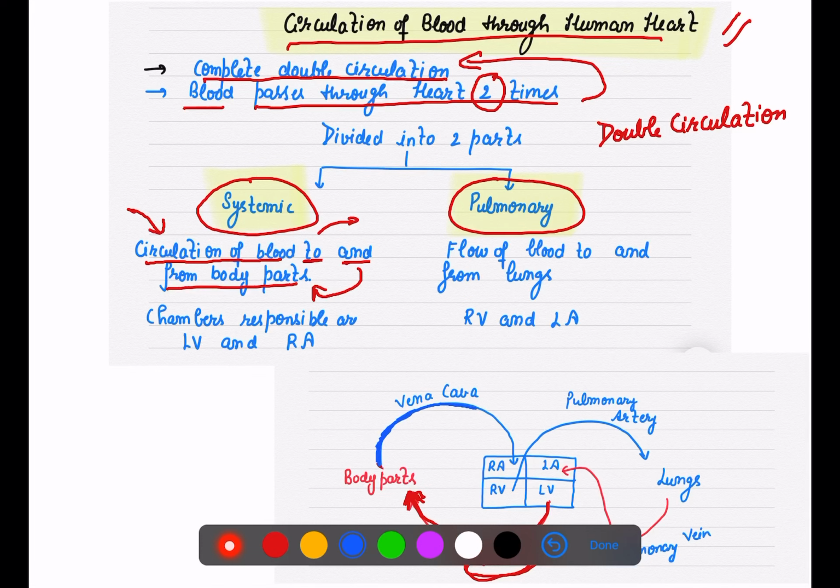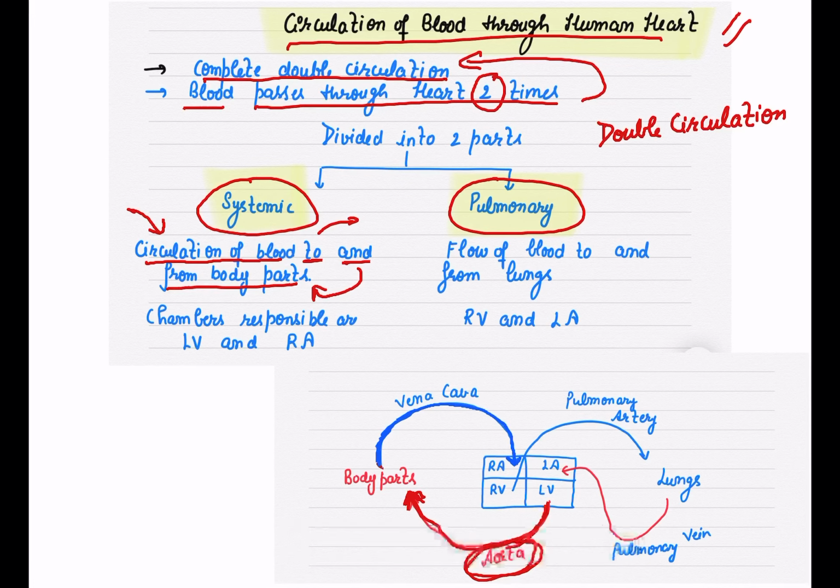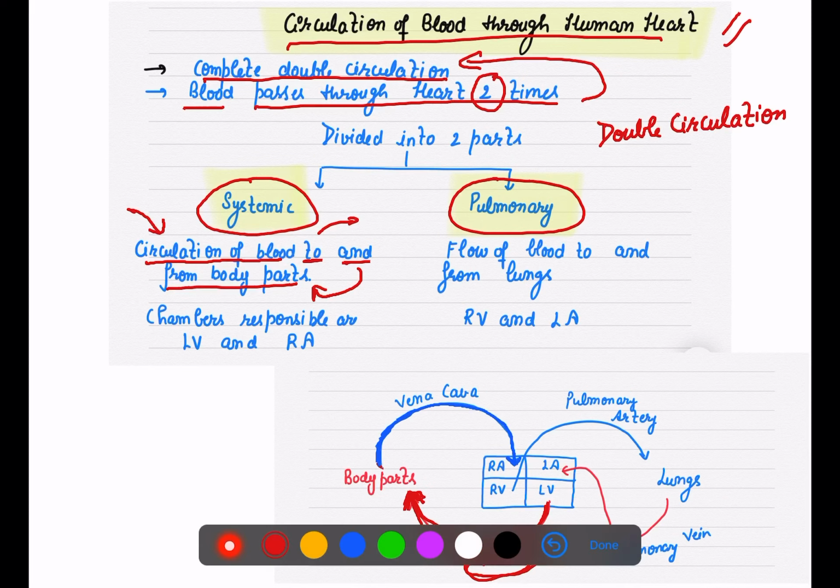From the body parts, the vena cava is carrying the blood and pouring it into the right atrium. So the circulation in which blood moves to body parts and from body parts is known as systemic circulation. Which chambers are responsible here? Left ventricle and right atrium. This is called systemic circulation.